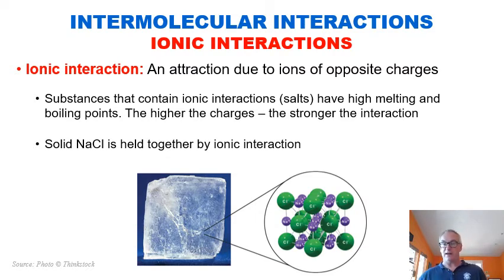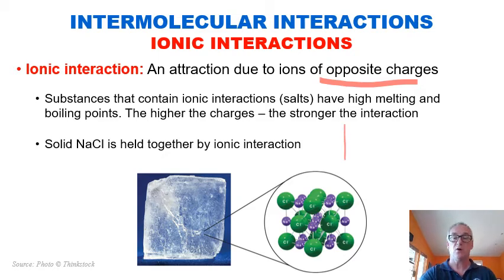Then we have ionic interactions, and we're all familiar with what ions are, hopefully, at this point. So we have an attraction based on opposite charges. So salts, which is basically any ionic compound, we just call it a salt, have really high melting points and really high boiling points. The higher the number of charges, as I mentioned before, the stronger the interaction is.